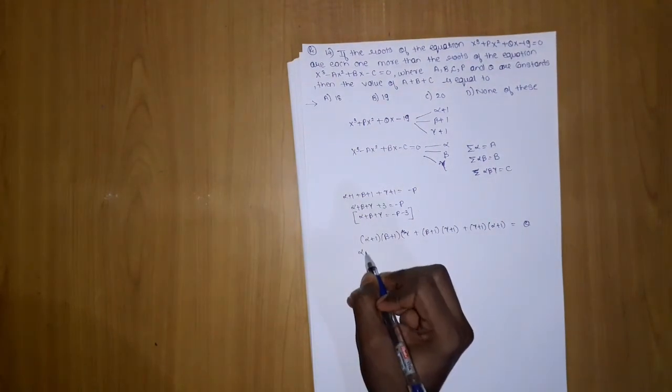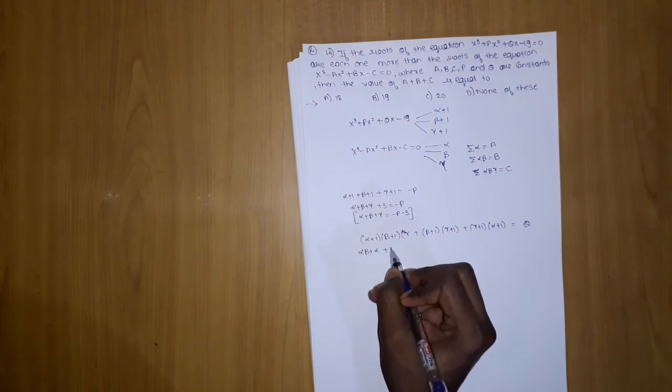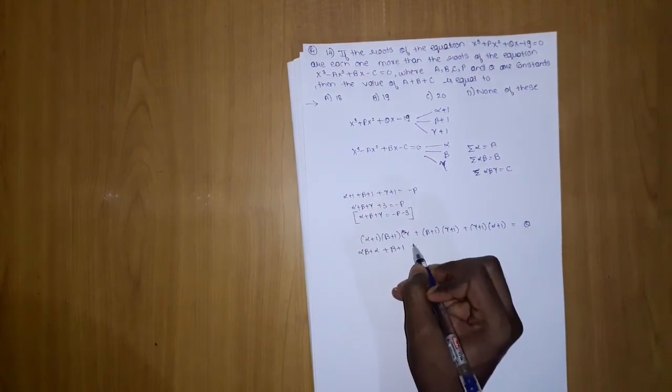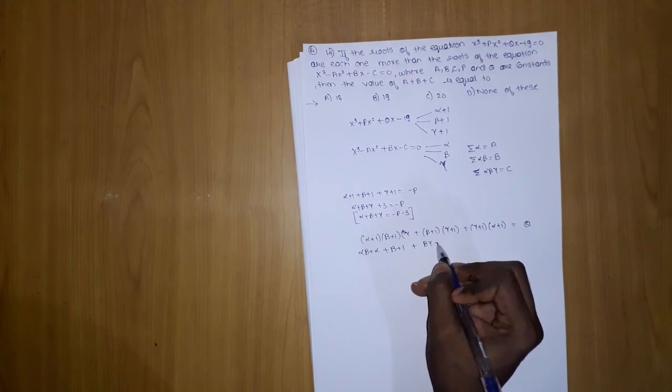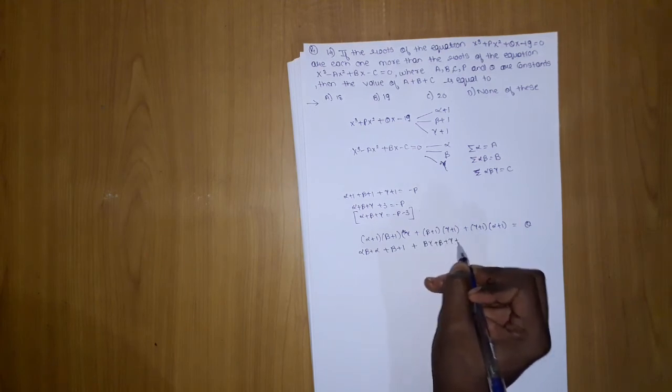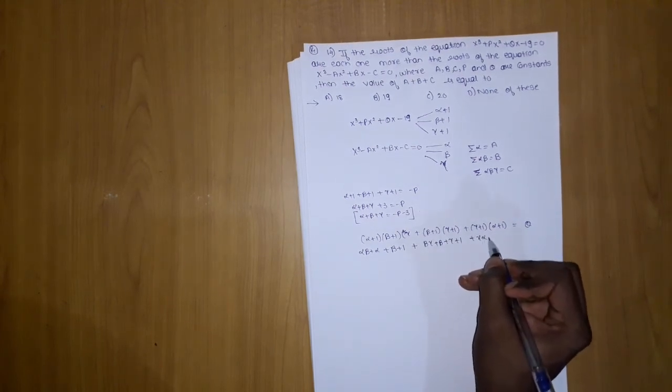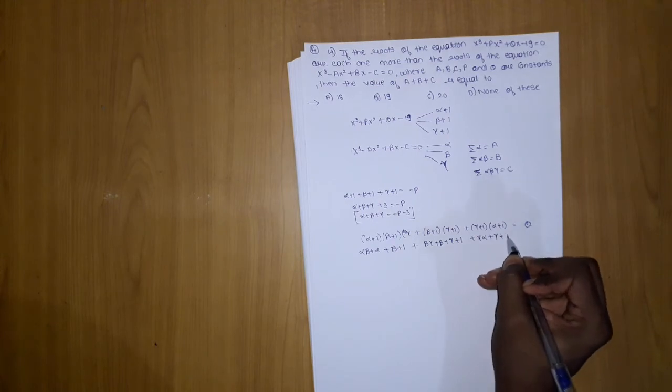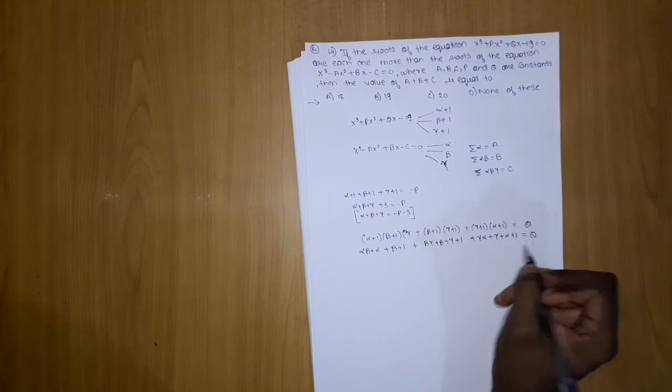Now it will be alpha beta plus beta plus 1. This will be beta gamma plus gamma plus 1. This will be gamma alpha plus gamma and alpha plus 1 equal to q.